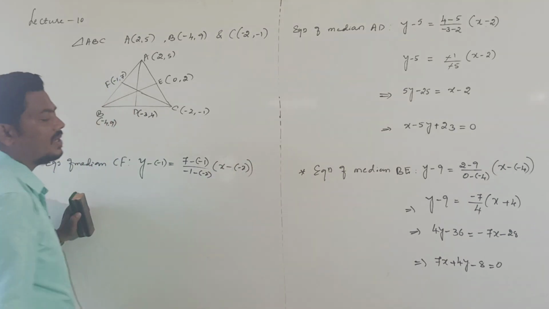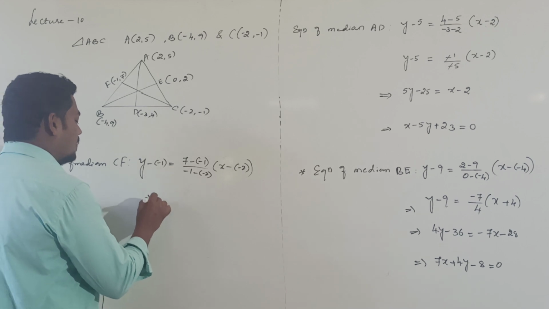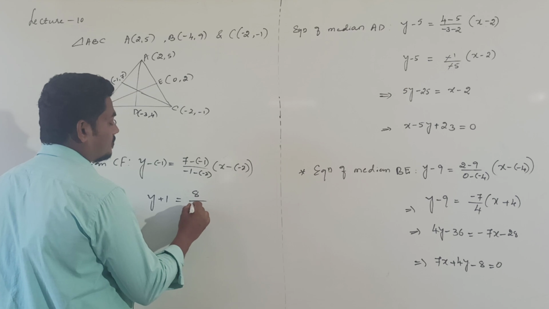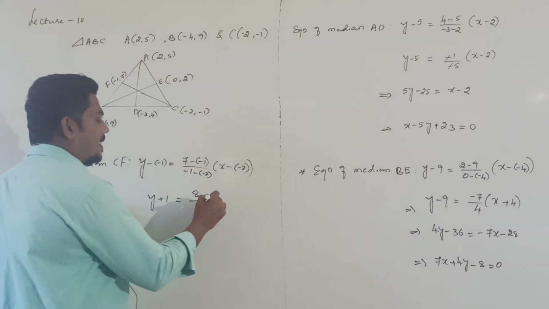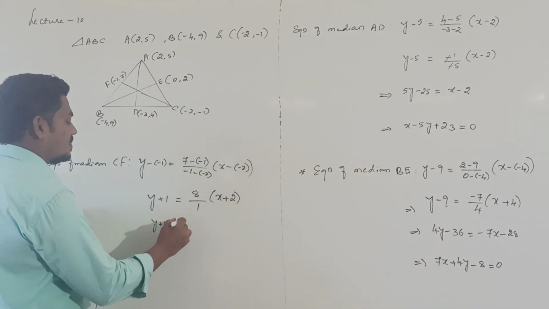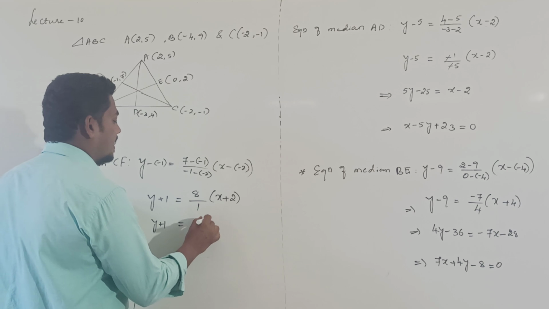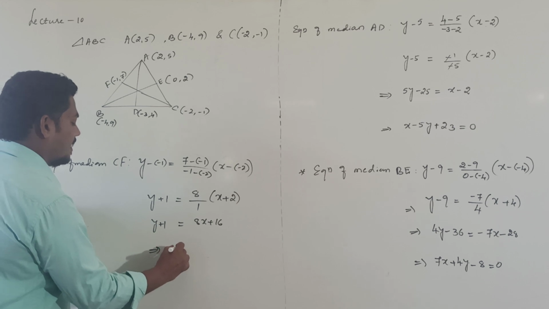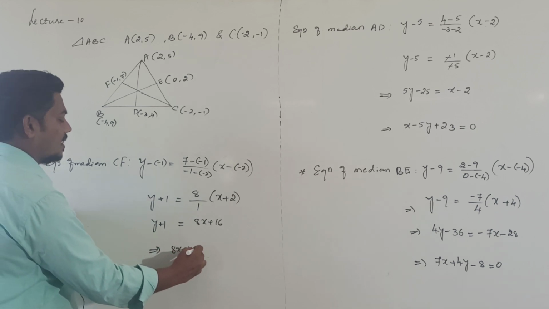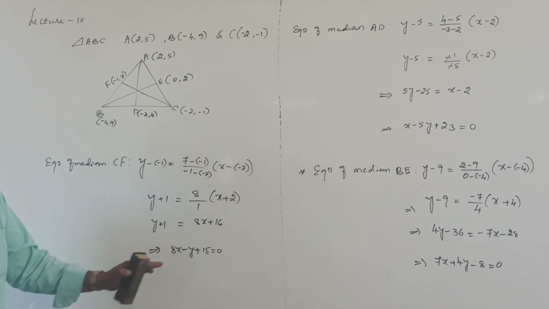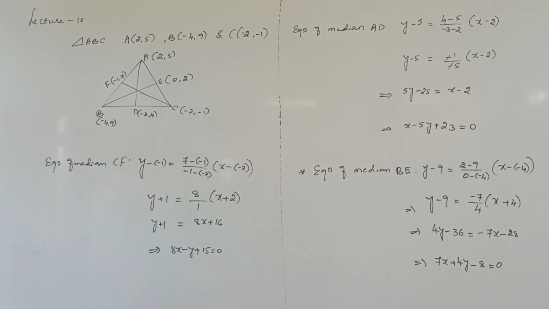What is the x1 value? Minus 2. Then it will be y plus 1 equal to 8 divided by 1 into x plus 2, that's y plus 1 is equal to 8x plus 16. Send it to RHS, then it will be 8x minus y plus 16 minus 1 is plus 15, that's equal to 0. These are the equations of the medians of the triangle ABC, right?